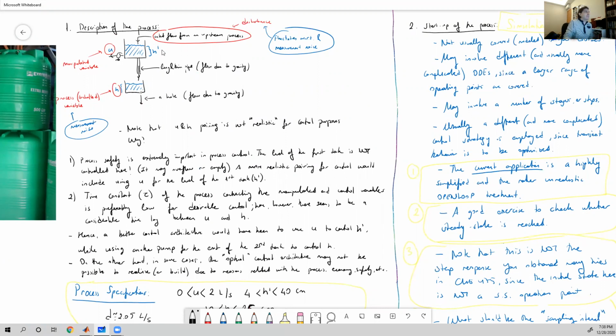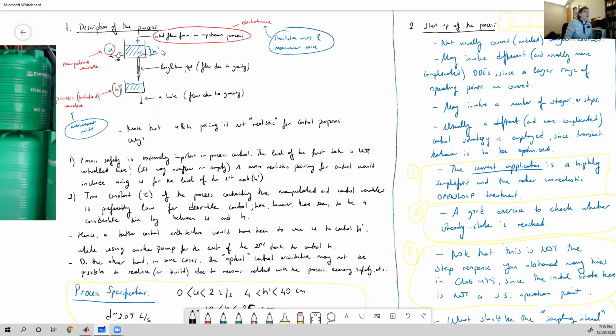That's the important thing. Lower H prime means a lower pressure due to its height. Therefore, there's going to be lower pressure at the entrance to the pipe, and therefore the outlet flow rate through the pipe will be smaller. So there's going to be less water coming here.